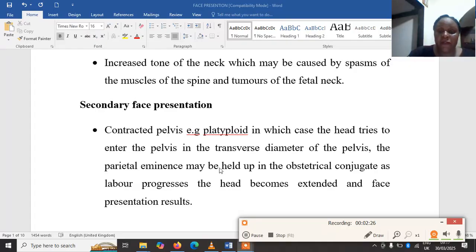We have the head entering the pelvis in the transverse diameter, and the parietal eminences may be held up in the obstetrical conjugate. As labor progresses, the head will extend, and a face presentation may result.